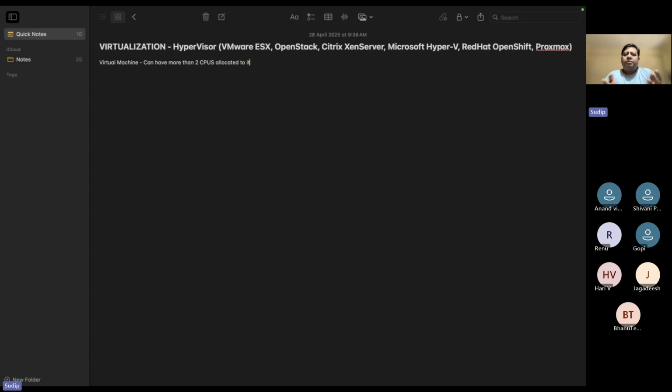I cannot go beyond it because that's a physical limitation. But when you install this hypervisor and you're collating all these resources together, I can do a lot more. I can make this software run simultaneously on multiple physical hardware. And that's the beauty of a hypervisor.